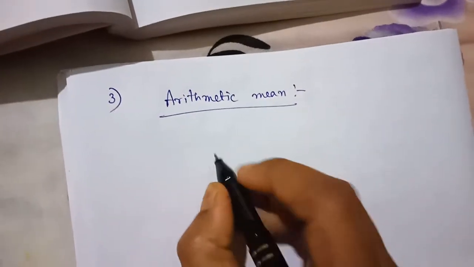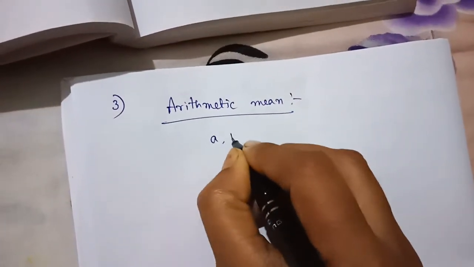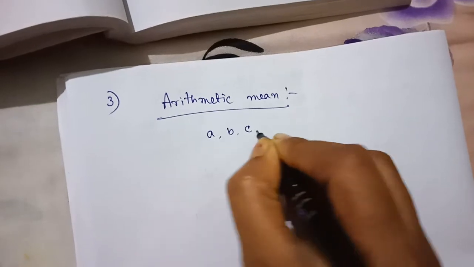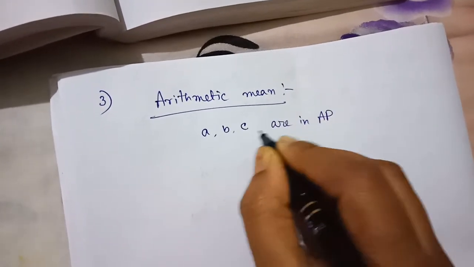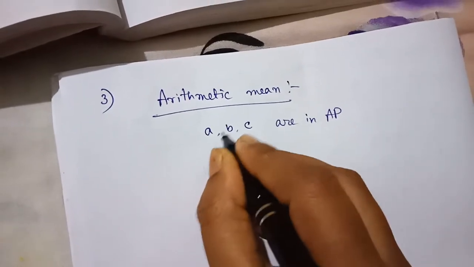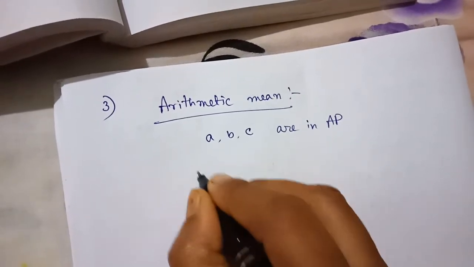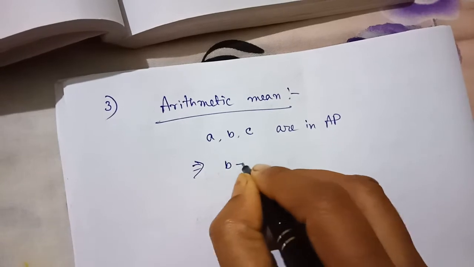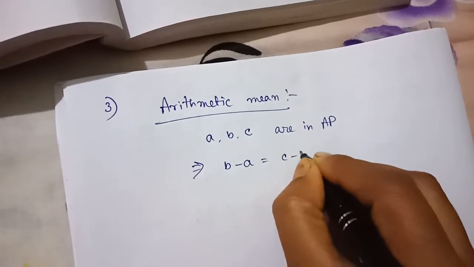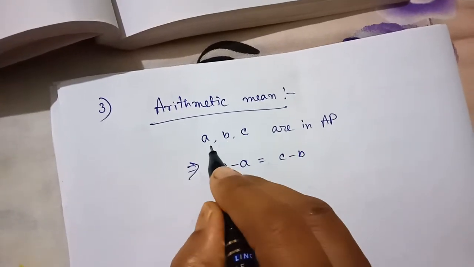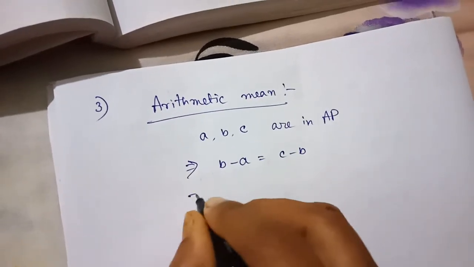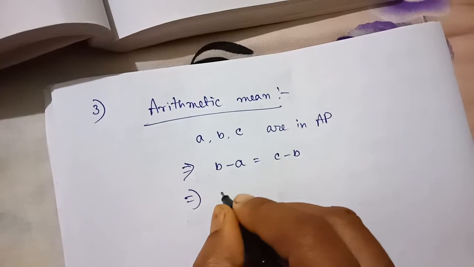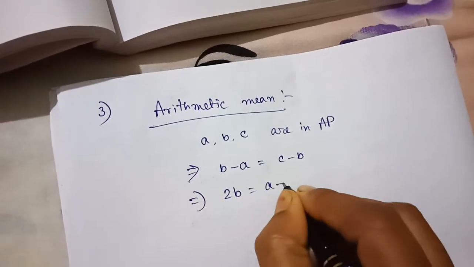Now think about a, b, c: these 3 numbers are in AP. If these 3 numbers are in AP, then their difference will be common. That means b minus a equals c minus b, because t2 minus t1 equals t3 minus t2. So from this we can write 2b equals a plus c.